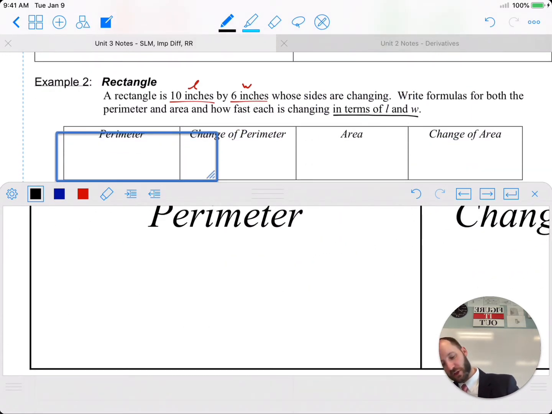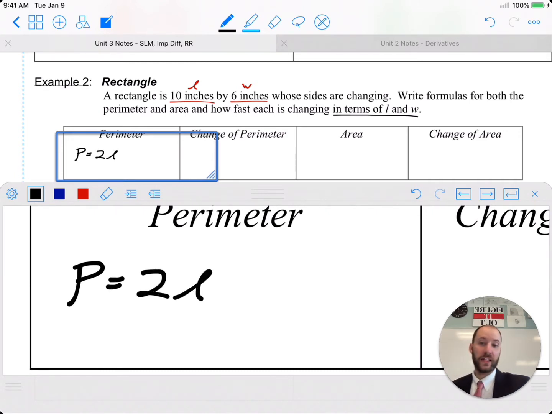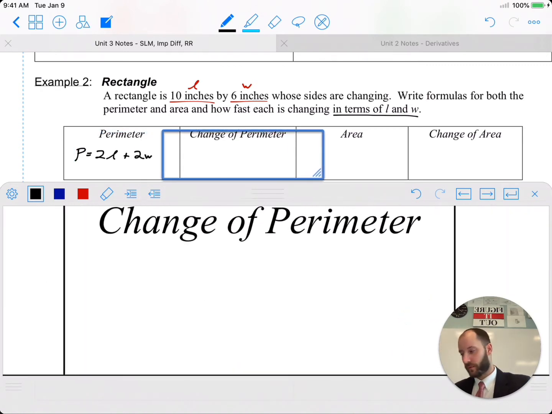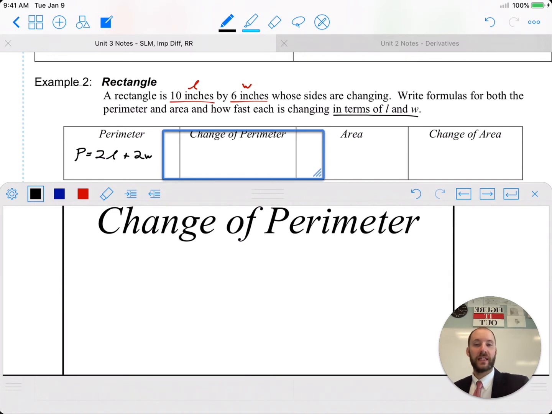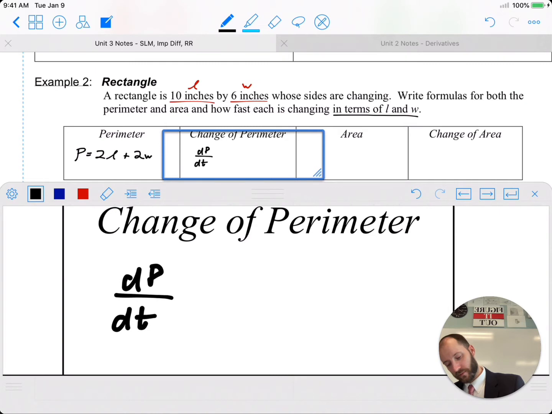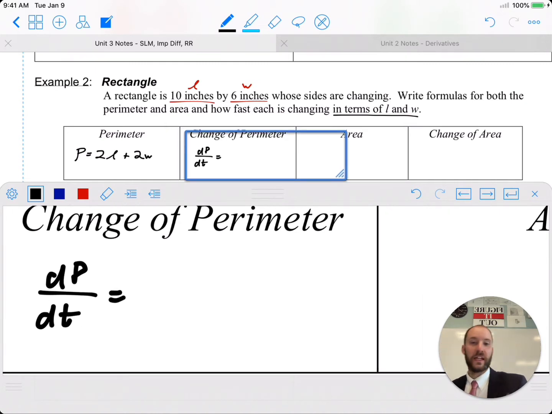So perimeter, you should know this. Perimeter is adding all the sides, so 2 lengths and 2 widths. If you were to take the implicit derivative of this, so derivative of P, dP/dt, and then take the derivative of 2L plus 2W.